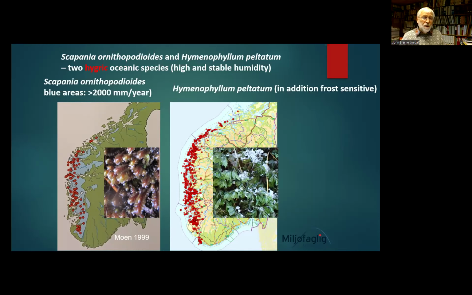And that means that perhaps this species responds mostly to humidity. Another example is this small fern, Hymenophyllum peltatum, which also occurs in the same areas. But additionally, this species also seems to be frost sensitive. So Hymenophyllum is both thermic oceanic and hygric oceanic.